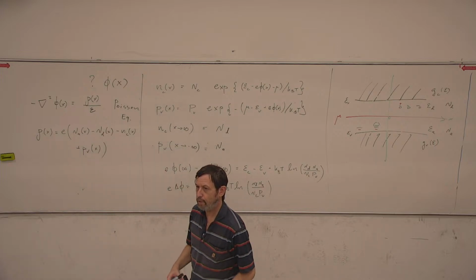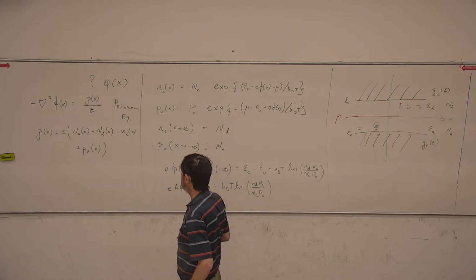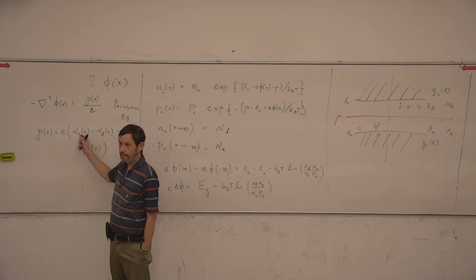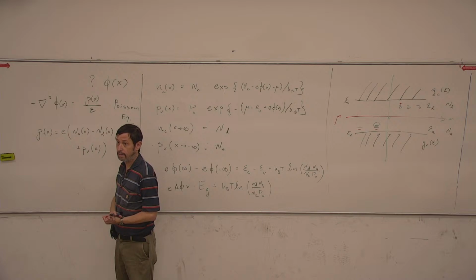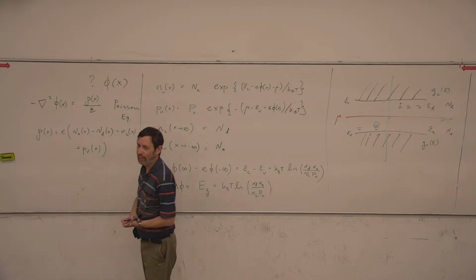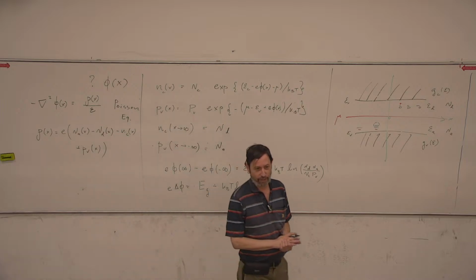Why are the acceptor and the valence band in plus? Because of this gentleman that decided in the 18th century to call the charge of an electron negative.